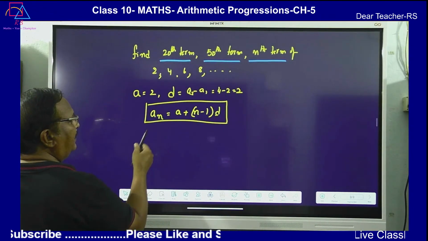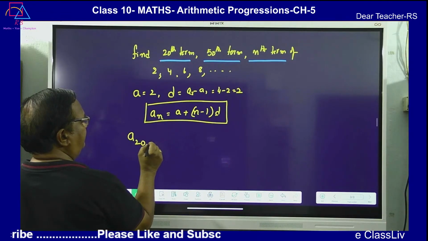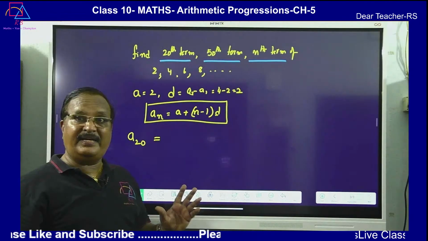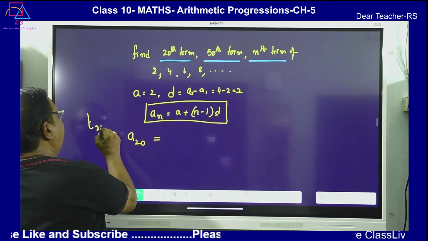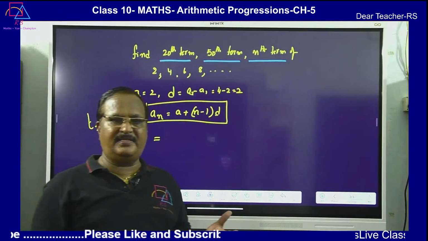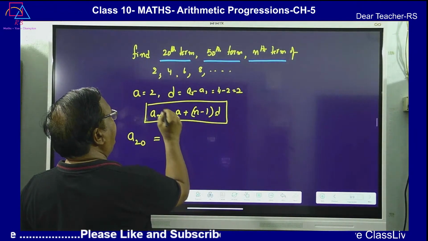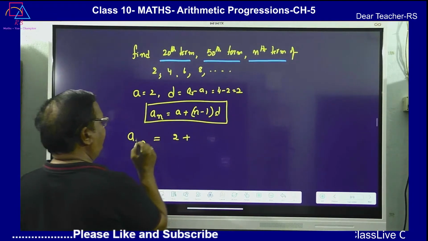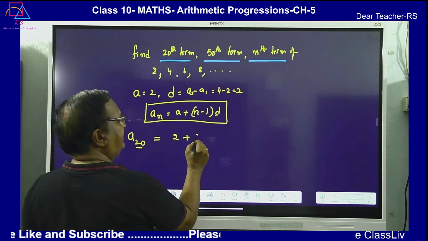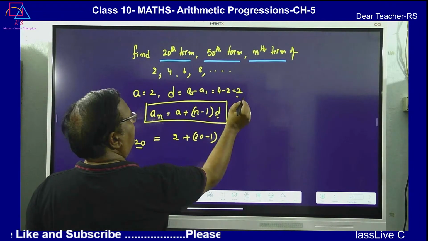Now in the place of n, let us put 20. That means the 20th term. You can write T20 also. T20 means 20th term. What is A here? A is 2. In the place of n, I write 20 minus 1, into, in the place of D, I write 2.